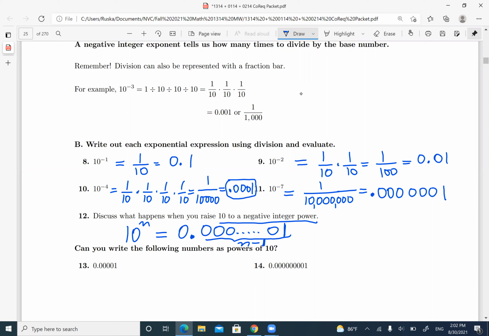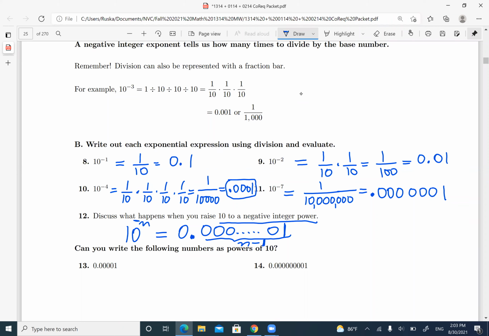So if I have 10 to the negative fifth, 10 to a negative exponent is going to be a decimal, point, and then 0, 0, 0, 0. How many zeros is going to be one number less than the original exponent. Make sense?